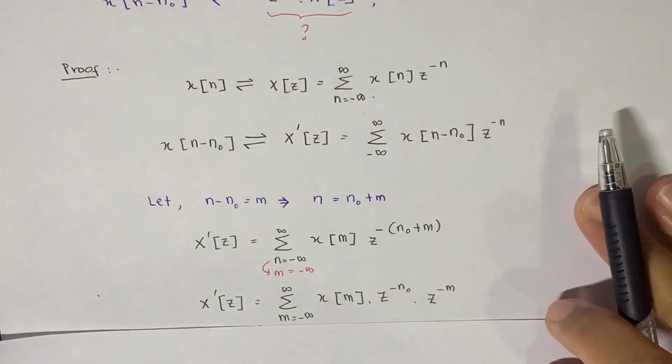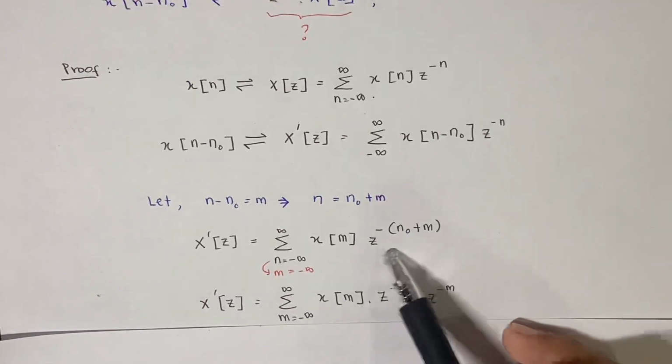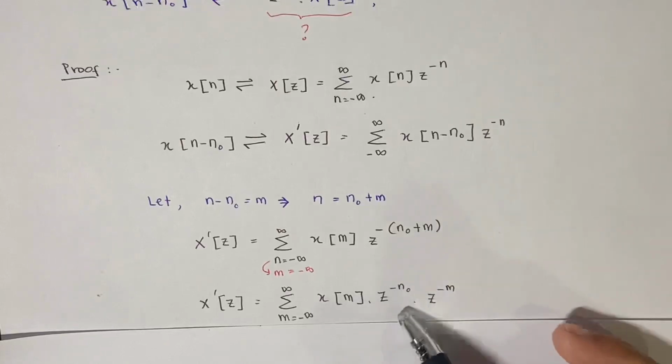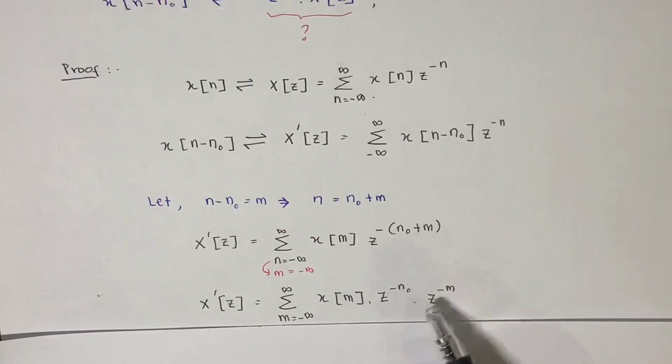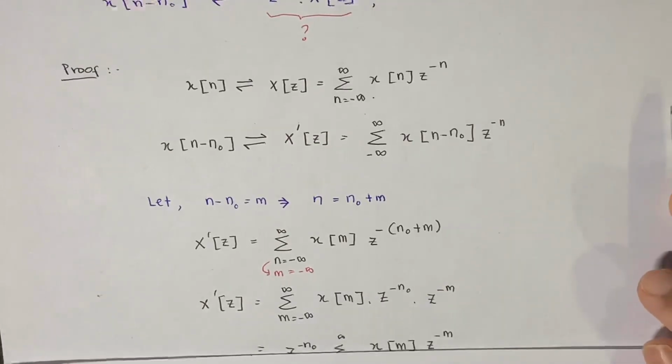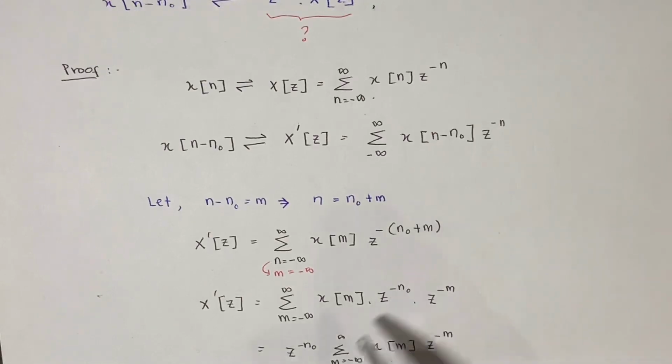And then we go to the next part. I split this into two, which is z to the power of negative n naught times z to the power of negative m. The rest is the same. I put z to the negative n naught in front of the summation because it is not related to m. This one is related to the m value.